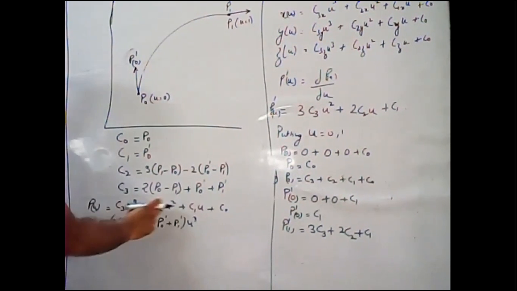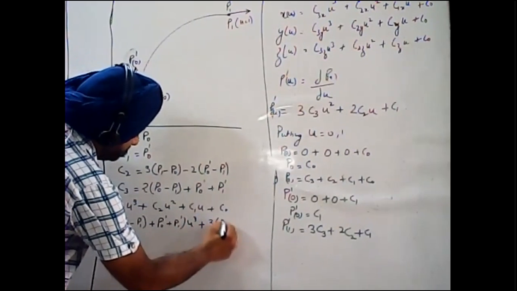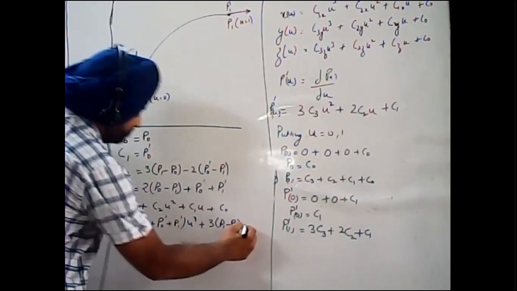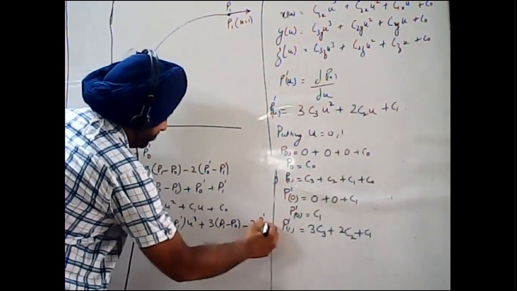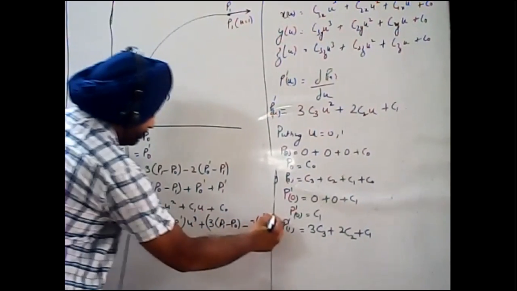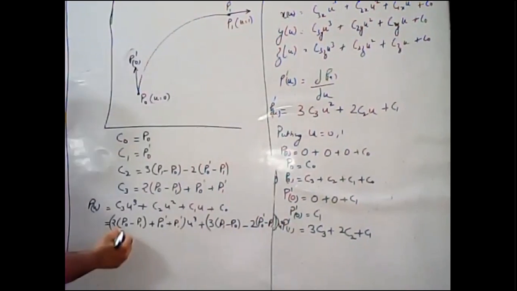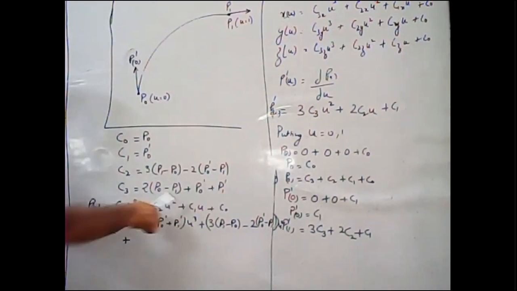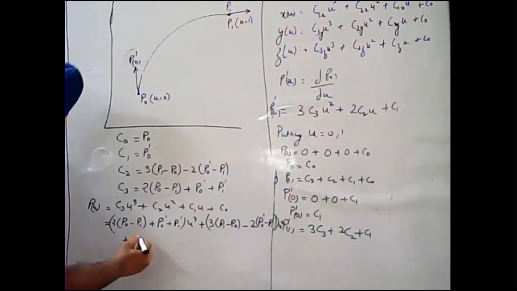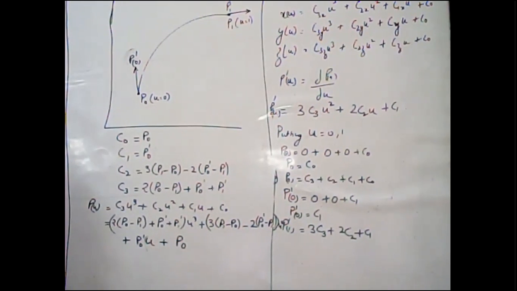Similarly, putting the value of C2 equal to this plus (2P1 minus P0 minus 2P0 dash minus P1 dash, taken in complete bracket) into U square, plus P0 dash U plus P0. This is how it should be written.